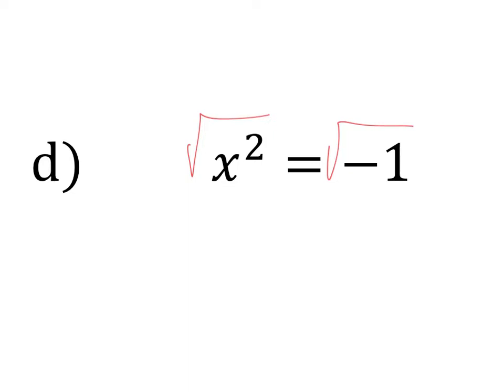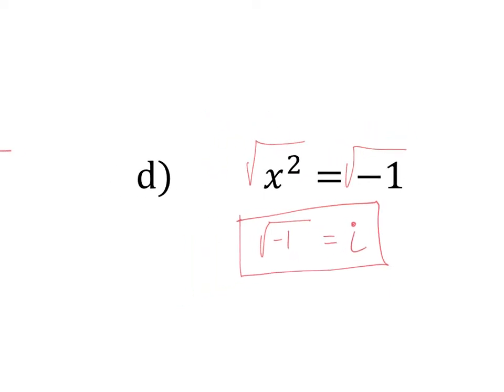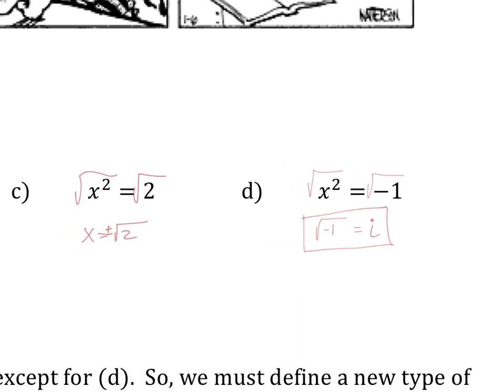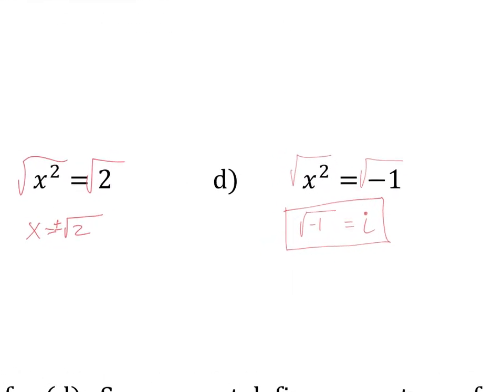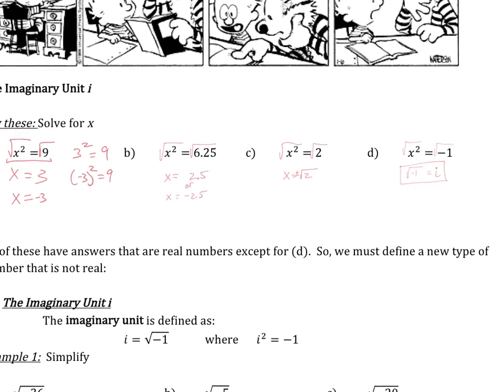So let's just say that this square root of negative 1 is a number that we don't really know, and let's just call it i. We'll call it our imaginary unit, and that is what we will define i as. So now, when we square root a negative number, we can move forward.